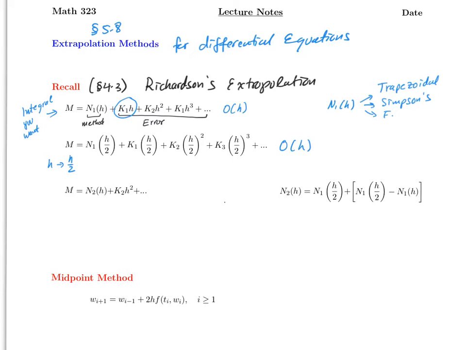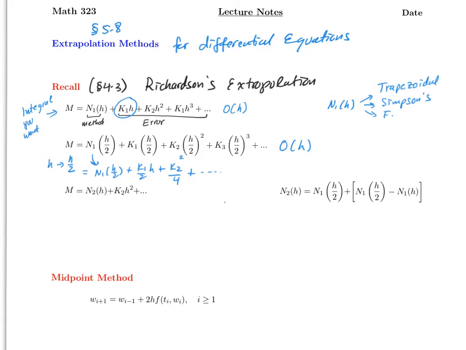However, if you multiply this one, remember this is the method, this will give you N1(h/2), which will be K1 over 2 h plus K2 squared over 4 and so forth.